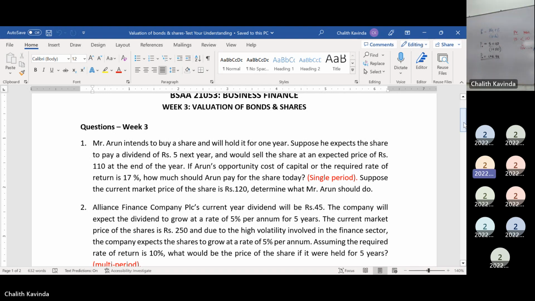So here we need to compare with 110 or 120. Why are you not comparing with 120? Yes, its current price is 120. It's mentioned, suppose the current market price is 120.